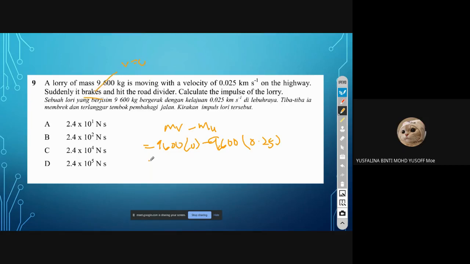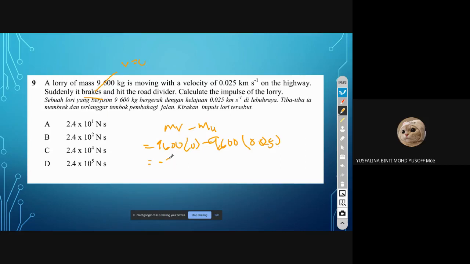And then we got negative. 9,600 times 0.025, yes, you got 240.